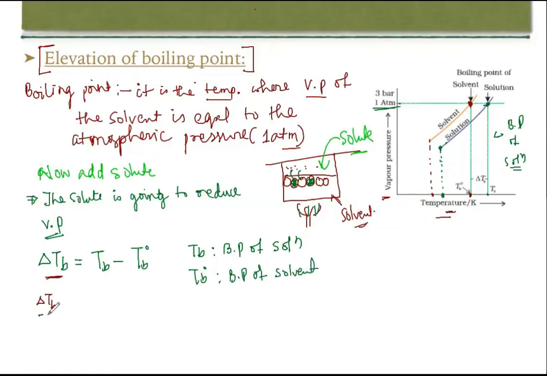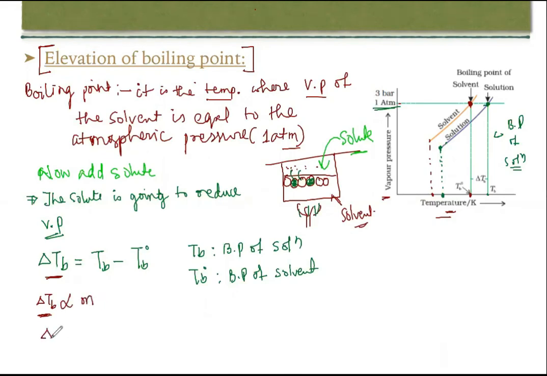Now this delta Tb depends upon the concentration of the solute added. Any concentration term which is independent of temperature is the molality. So delta Tb is directly proportional to the molality.